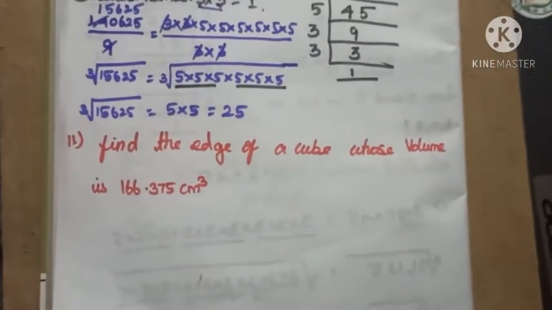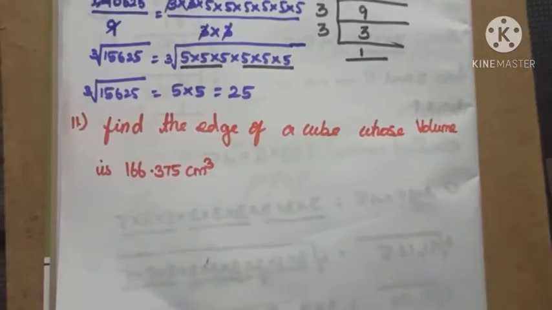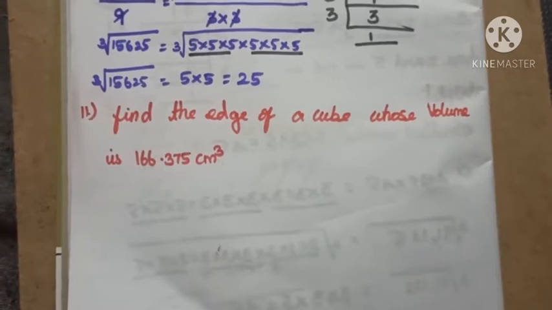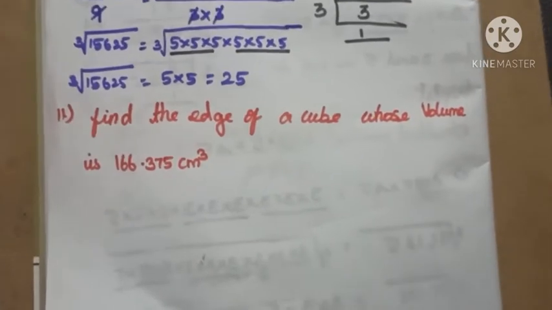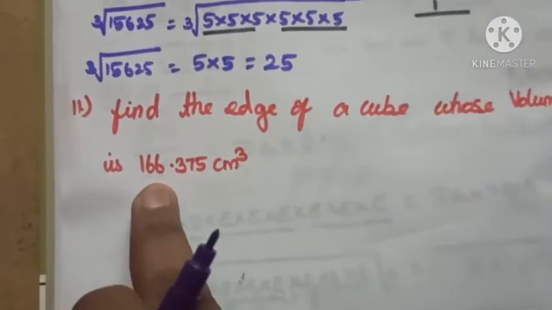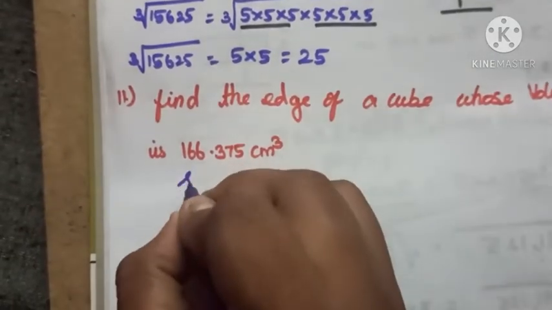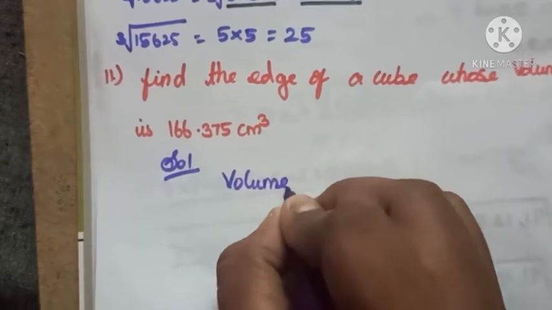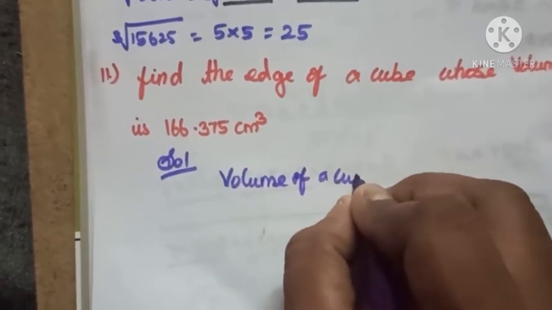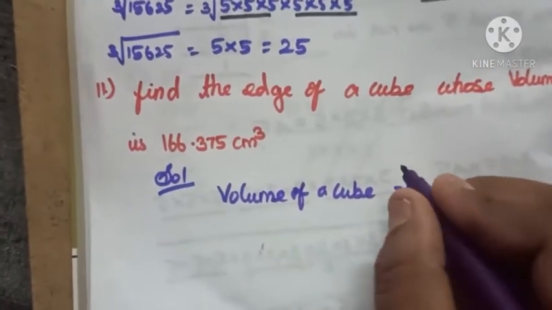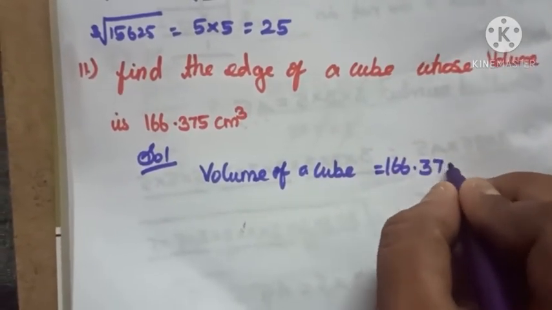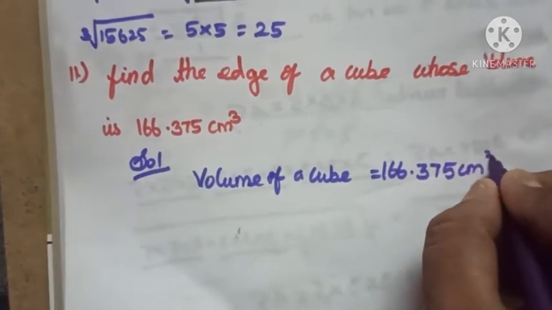Find the edge of a cube whose volume is 166.375 centimeter cube. The given value is the volume of a cube. Okay, what is given? Volume of a cube is equal to 166.375 centimeter cube.